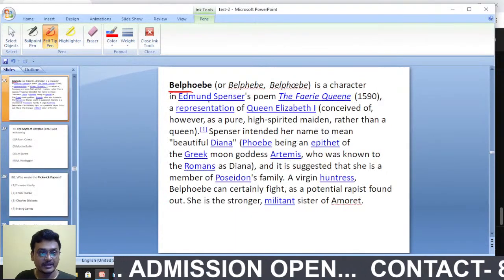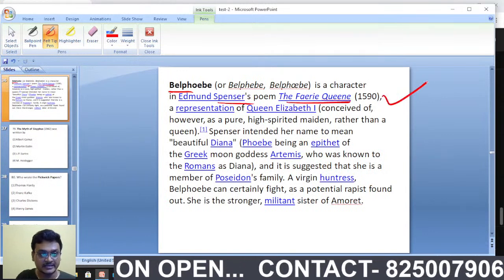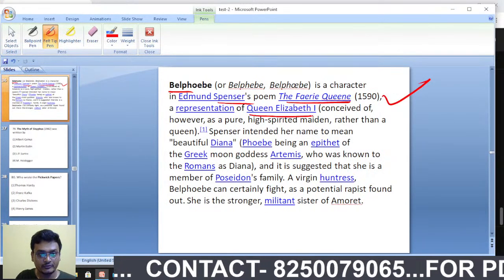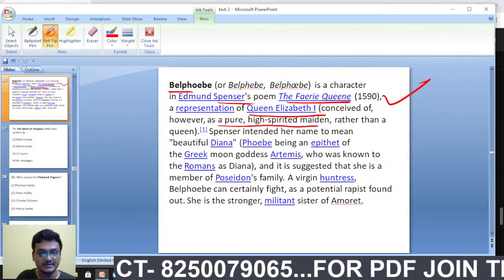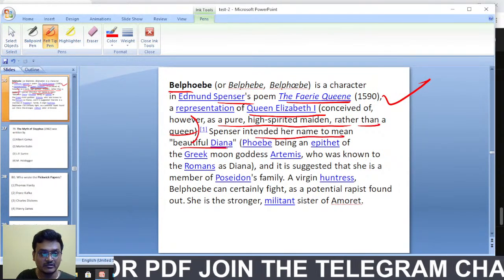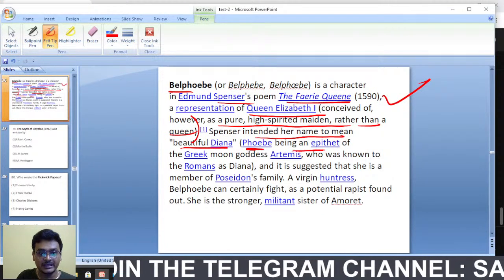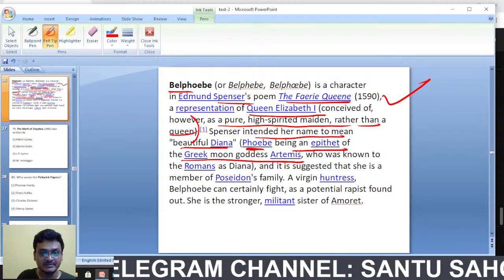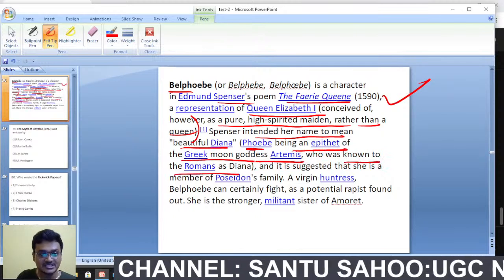In Edmund Spenser's Faerie Queene, 1590, the representation of Queen Elizabeth I considered her a pure and high-spirited maiden rather than a queen. Spenser intended her name to mean a beautiful Diana, Phoebe being an epithet of the Greek moon goddess Artemis, known to the Romans as Diana.